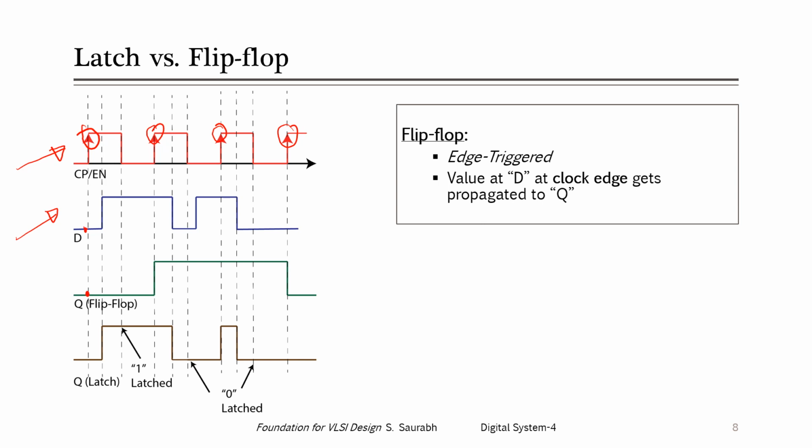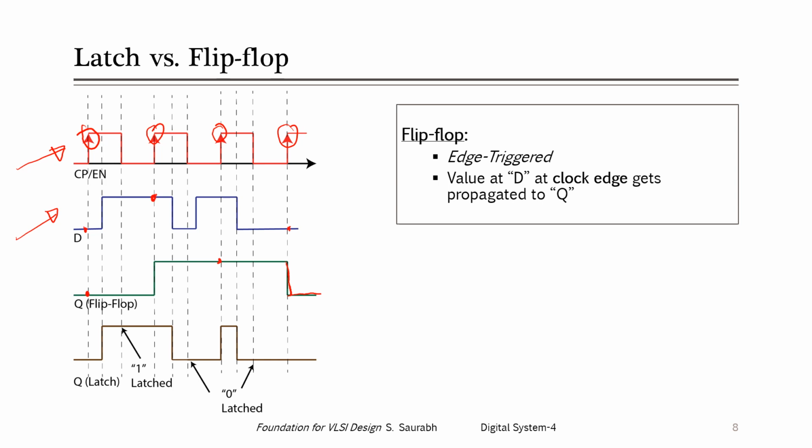At this edge, the value of D is 1, so the output will be 1. Then at this point the value of D is again 1, so it will remain 1. And at this edge the value at D is 0, so the value at the Q pin will change to 0 for the flip-flop.